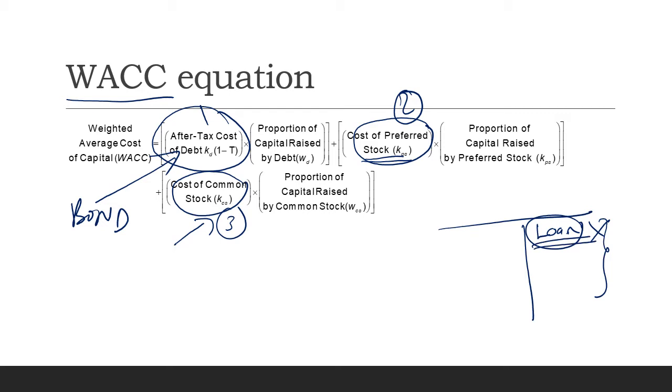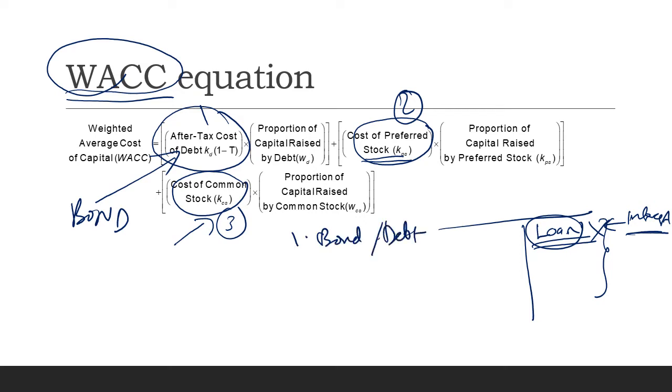It's already there, so the company pays a very tangible amount of interest. That is the cost of the loan. So in the calculation of WACC, only 3 items will be taken into account: 1 is the bond or the debt, 2 is the preferred stock, and 3 is the ordinary stock.